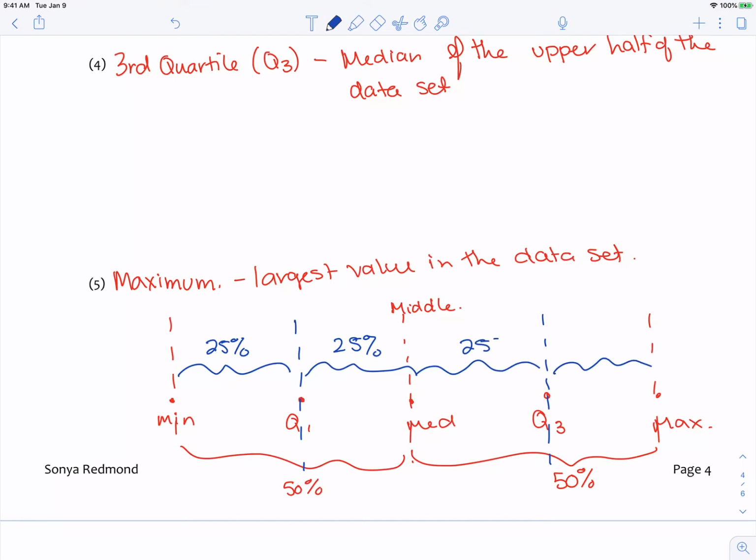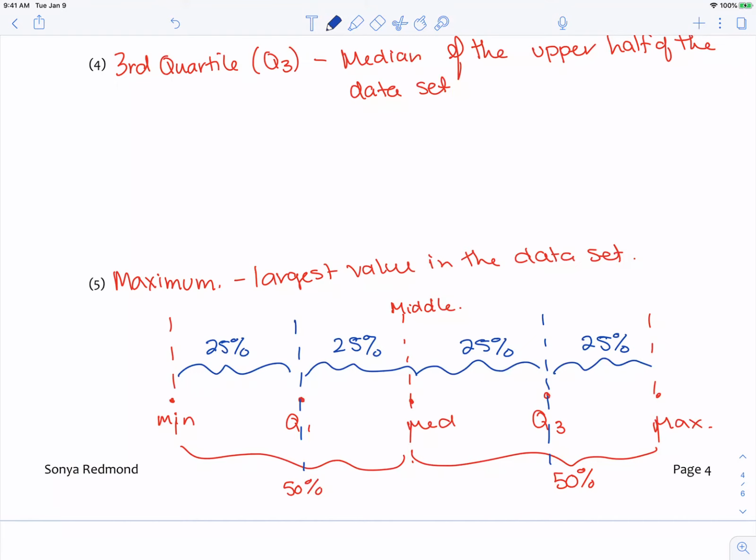So there's another 25% and 25%. These quartiles in the 5-number summary are breaking our ordered data set up into quarters. A quarter of the data goes between Q1 and the minimum, another quarter between Q1 and the median, a quarter between the median and Q3, and so on.